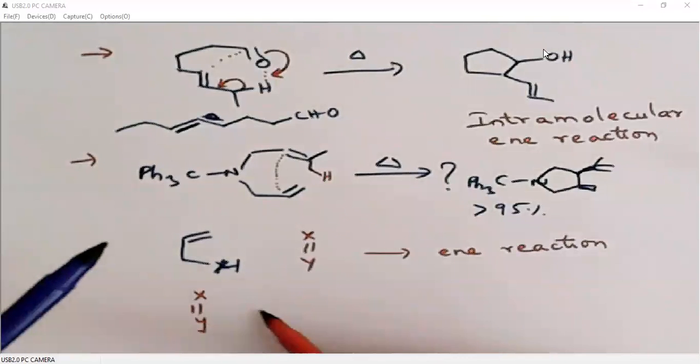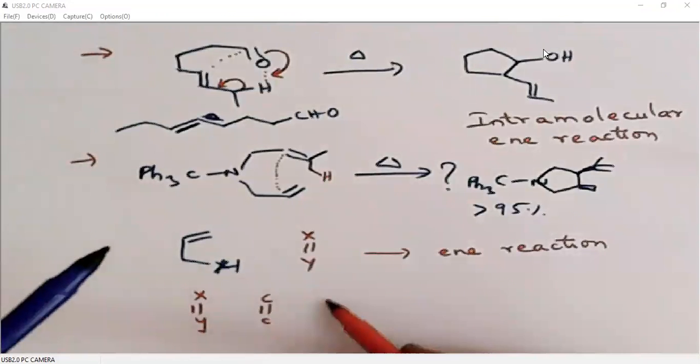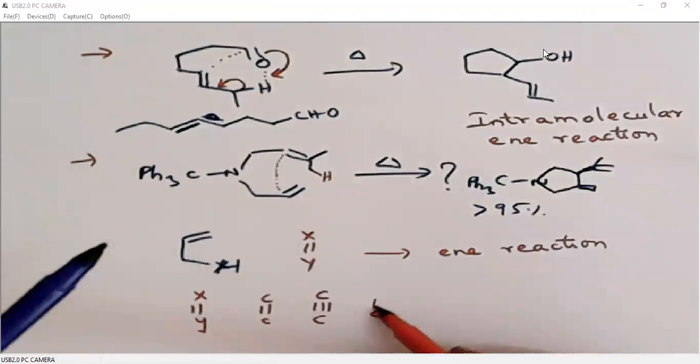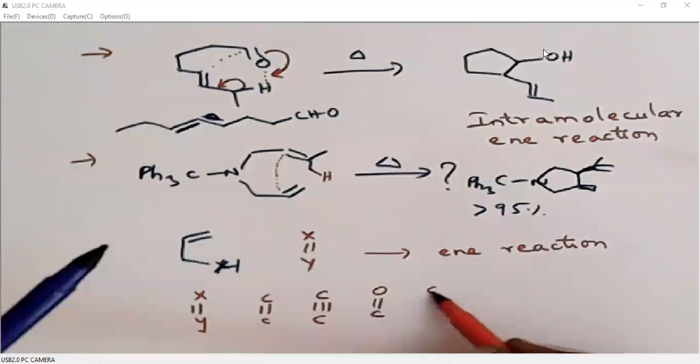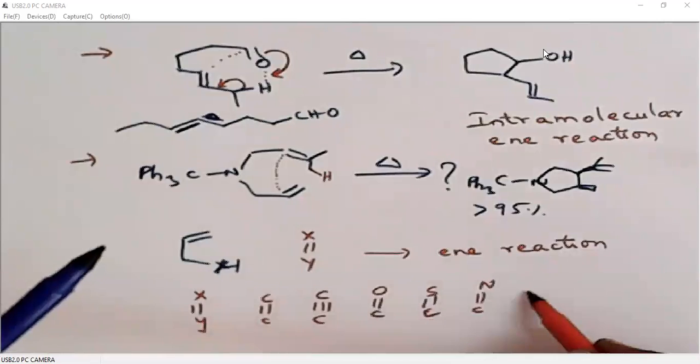It may be an alkene, that means a carbon-carbon double bond, or a carbon-carbon triple bond, or a carbon-oxygen double bond, a carbonyl. So it may be any double bond.